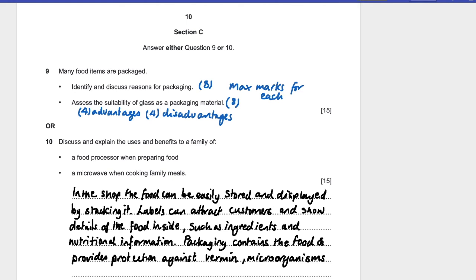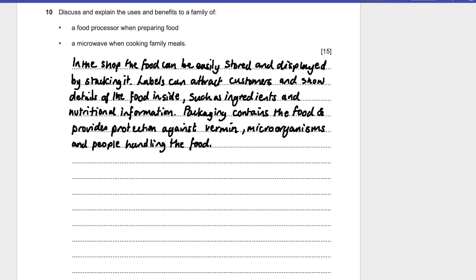It may provide some protection against vermin, however, depending on the type of package, the vermin still may be able to chew their way inside. Another bonus is that people handling the food won't be touching the food directly because it is inside the package.